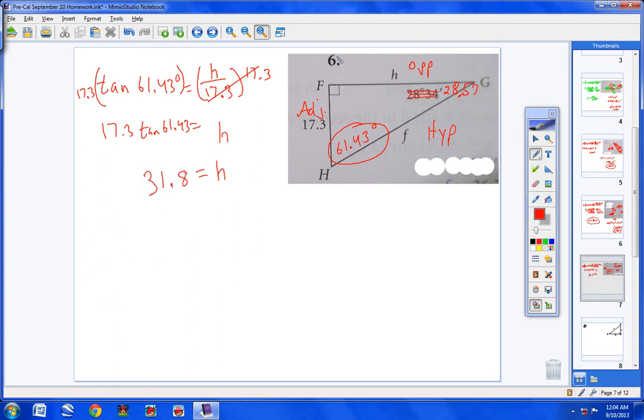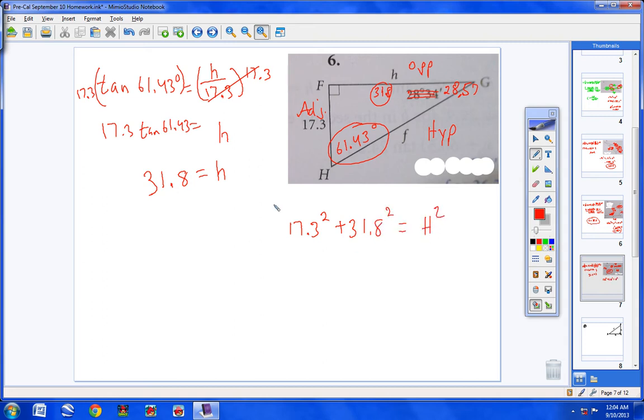31.8. Very good. So I come over here and I put 31.8 for side h. Now look what I have, guys. I know two sides. I know this side is 31.8 and I know this side is 17.3. So using the Pythagorean Theorem, I can find that last side. So I have a leg squared, 17.3, plus a leg squared, 31.8, equals hypotenuse squared.